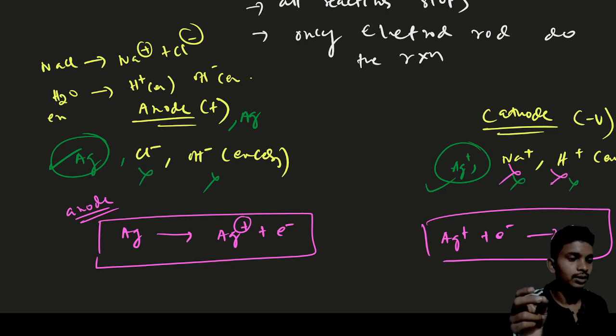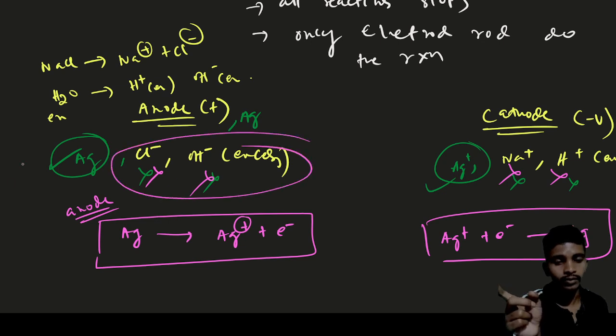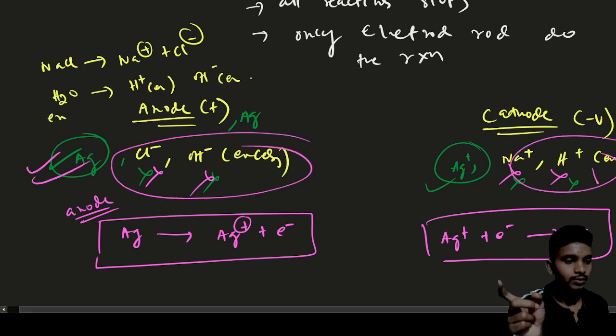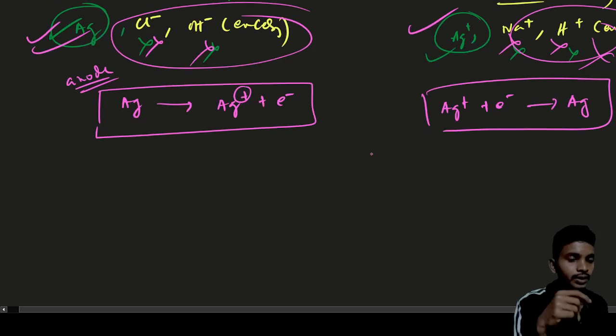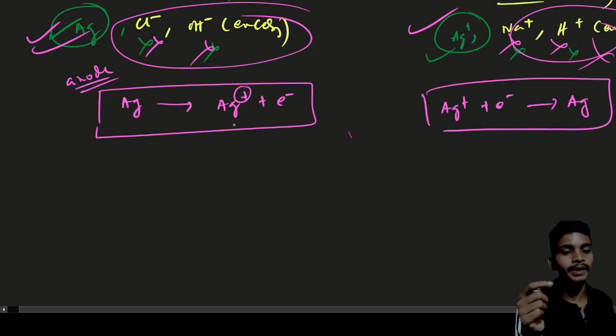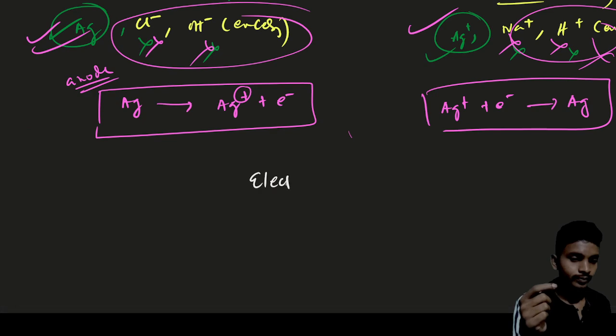So no other reaction, whether the excess or any amount, nothing else will happen, only this Ag reaction. This is the example of refining and electroplating. Both examples are used in electroplating.